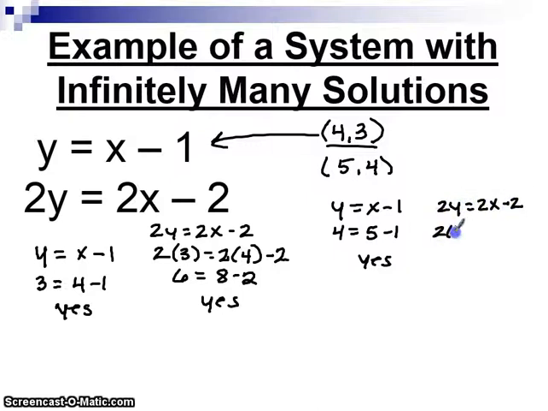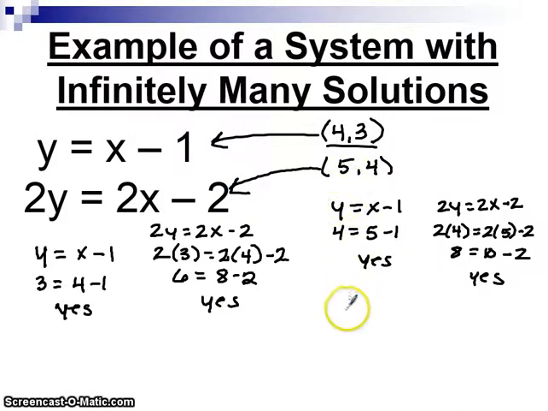Got to substitute y in there. So 2 times 4 is equal to 2 times 5 minus 2. Is 8 equal to 10 minus 2? Yes. So there is another one that will make it true.